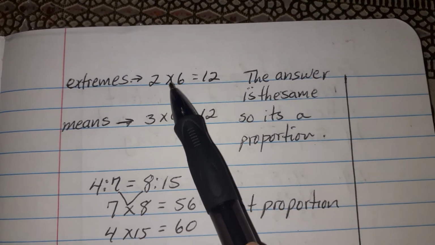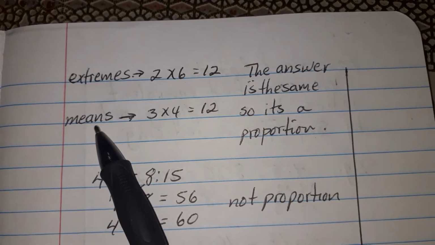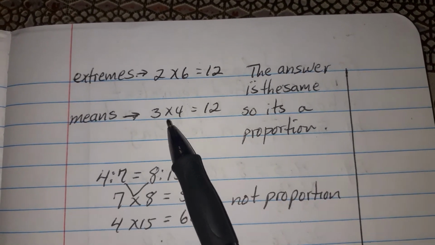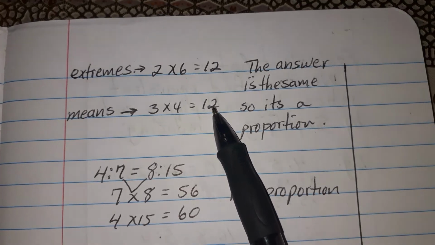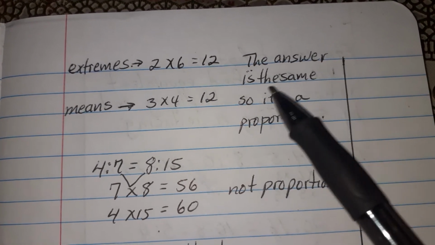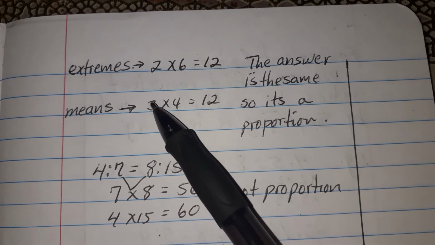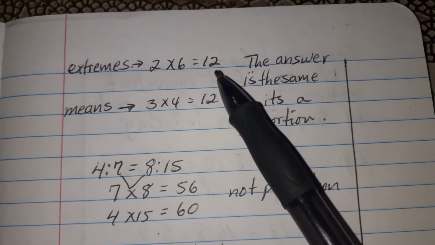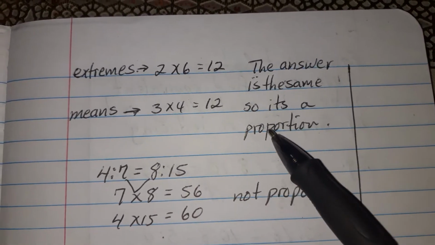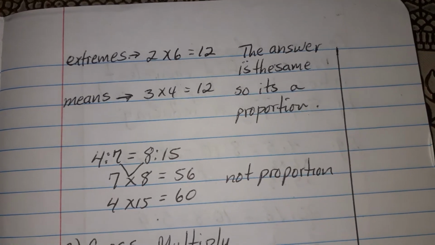So we say 2 times 6 equals 12. And we multiply the means. That means we say 3 times 4 equals 12. Now the two answers are the same. So that means that 2 to 3 equals 4 to 6. That is a proportion because both answers are the same.